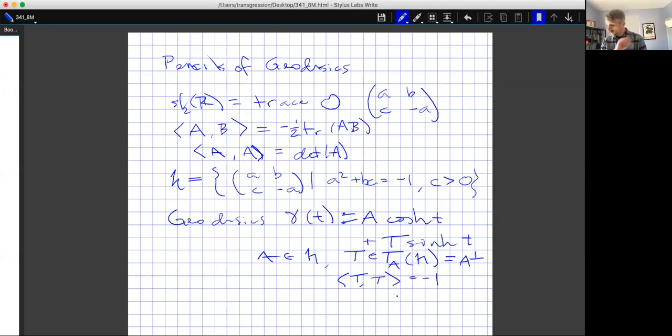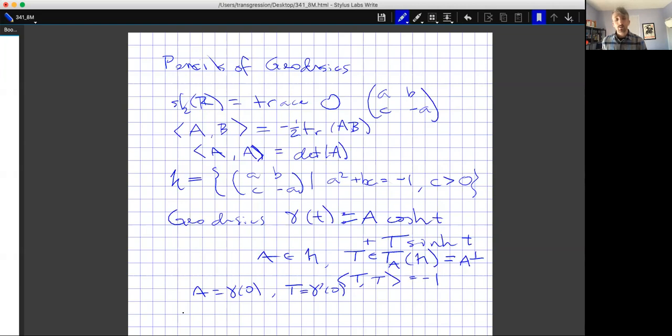Okay, so those are those, and we figured out that obviously the point that they pass through at time 0 is A, right? And then they have T, which we interpret as a tangent vector, right? So A is gamma of 0, and it's a simple computation to see that T is gamma prime at 0.